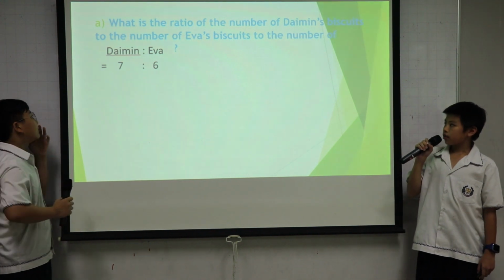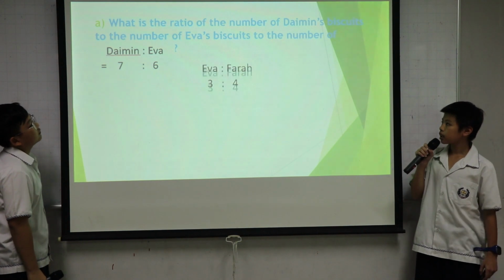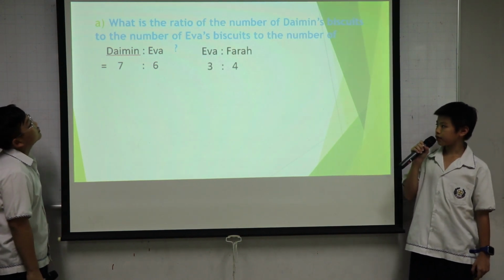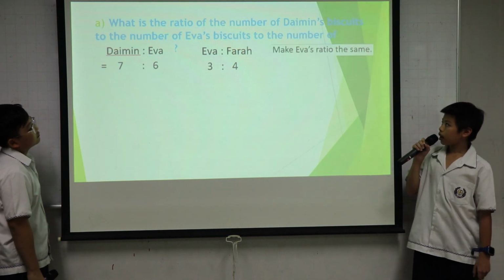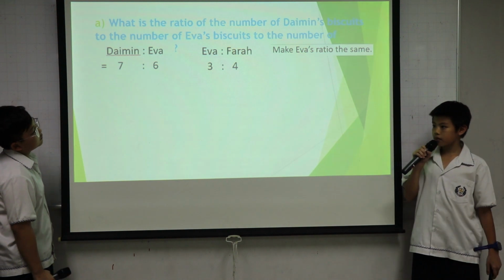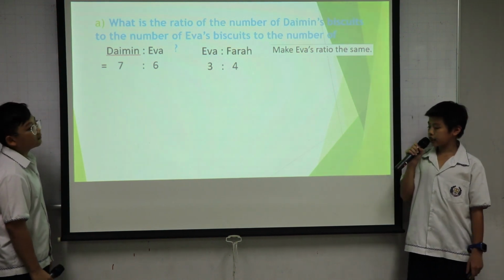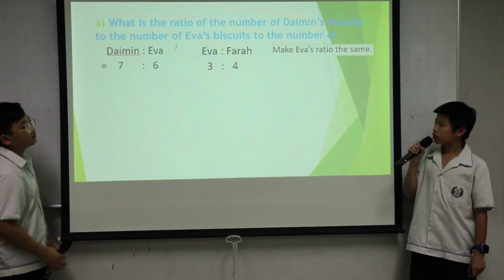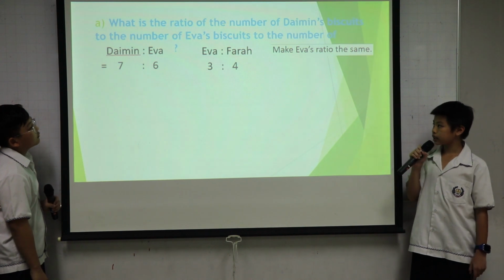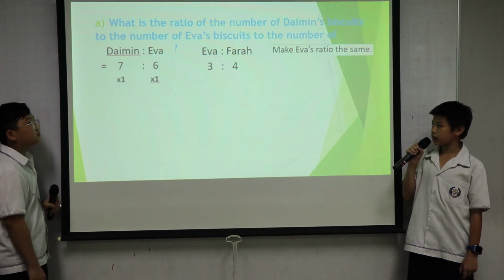So, the ratio of Diamond's biscuits to Ava's biscuits is 7 to 6, and the ratio of Ava's biscuits to Farah's biscuits is 3 to 4. Now we have to make Ava's ratio of biscuits the same. The smallest common multiple of 6 and 3 is 6. So, to make the first ratio of Ava's biscuits 6, we multiply both 7 and 6 by 1.